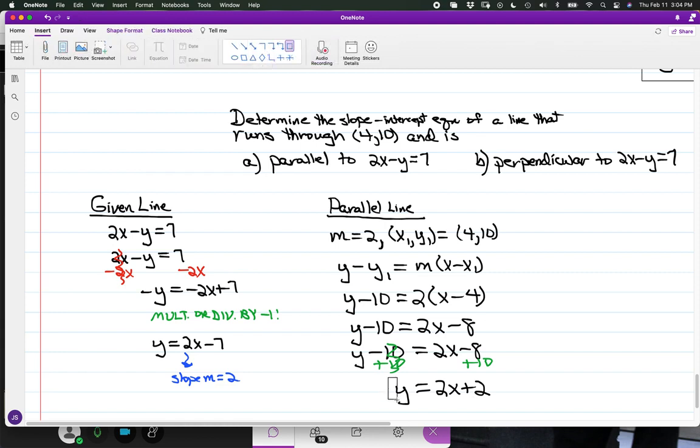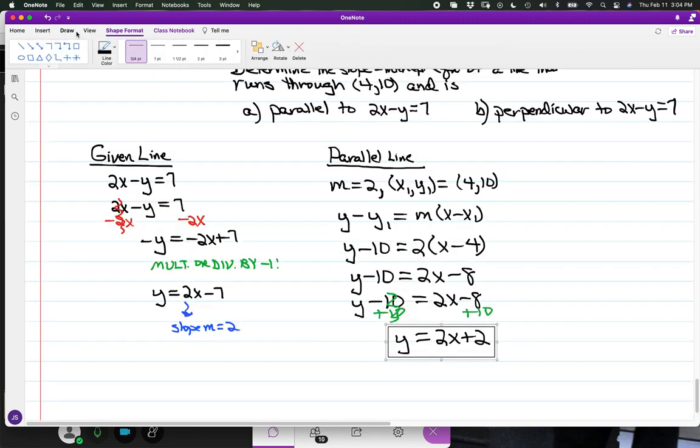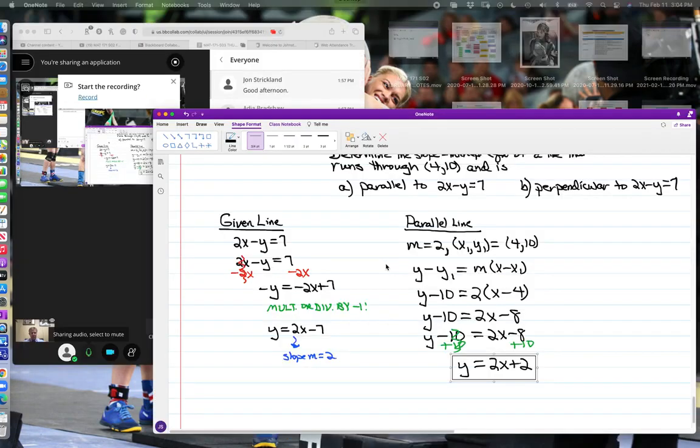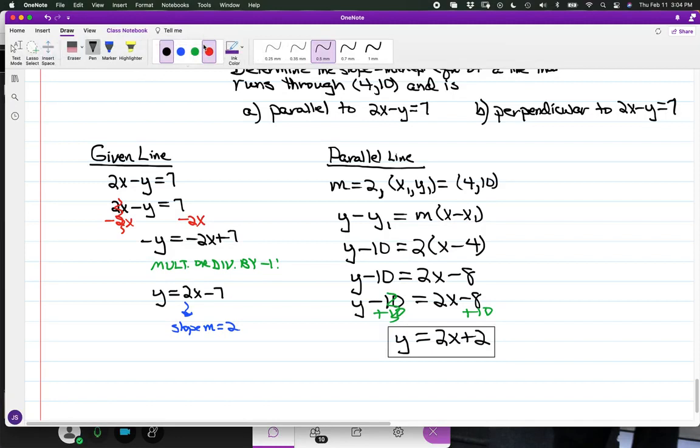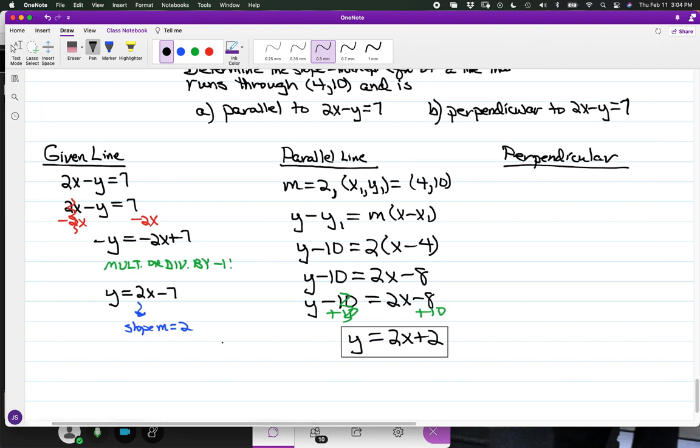And in the case of the perpendicular line, the values of the slopes will be opposite sign reciprocals.